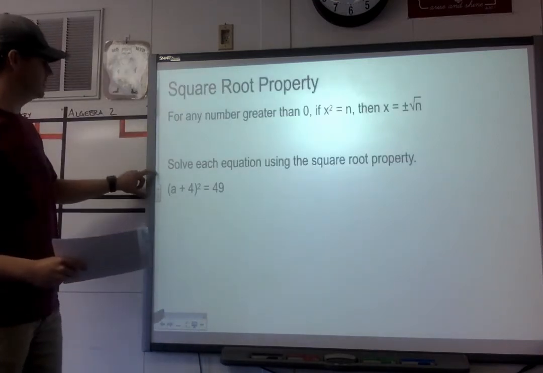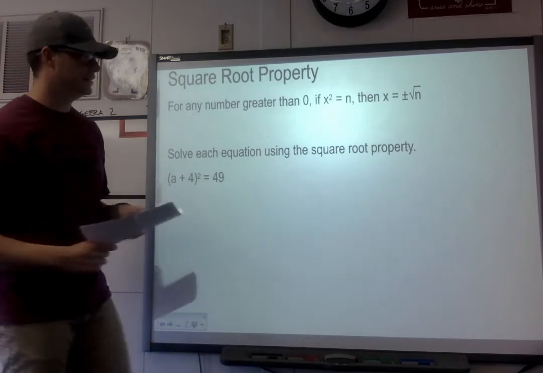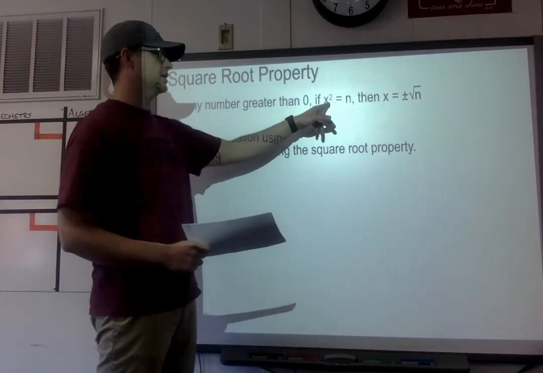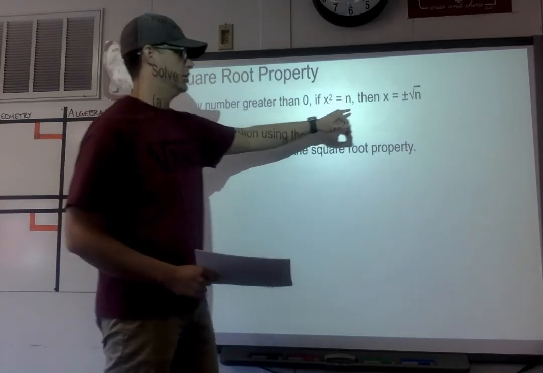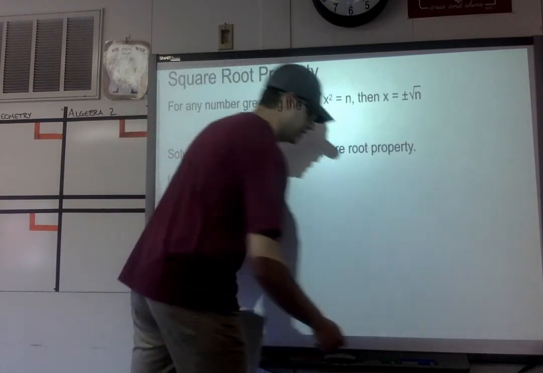So then the last thing here is the square root property. For any number greater than 0, if x squared equals that number, then x is equal to plus or minus the square root of that number.